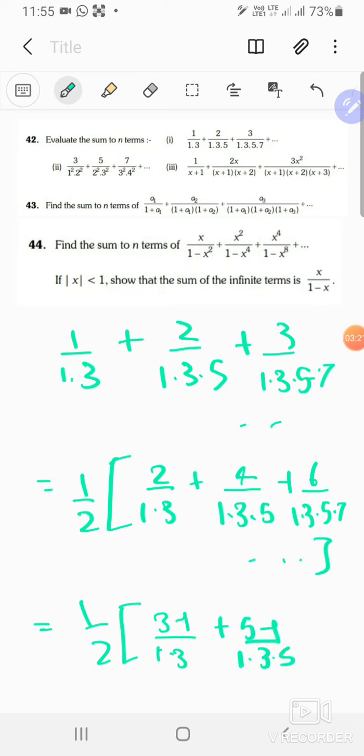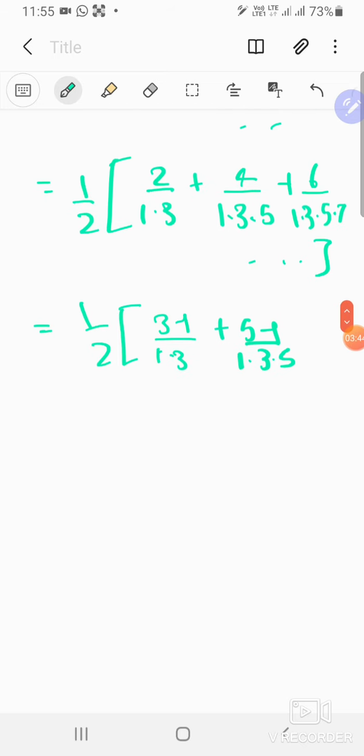Okay, so the 3 minus 1 gives me the next term, and the 5 on the numerator gives me the previous term, right? That's more like it. And then 6 can be written as 7 minus 1 upon 1 into 3 into 5 into 7.